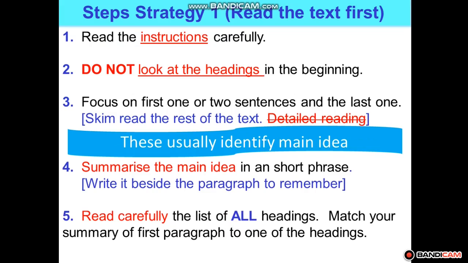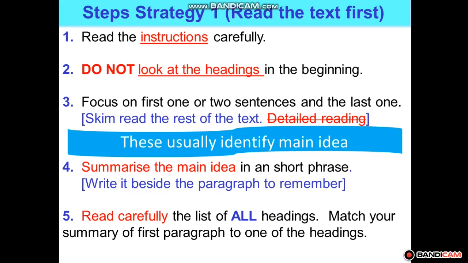And number 5, read carefully. You have written it beside the paragraph in pencil, and then you move to the headings and find out the best match with that paragraph. Read carefully the list of all headings, not a few. Match your summary of the first paragraph, which you have written beside the paragraph, to one of the headings.